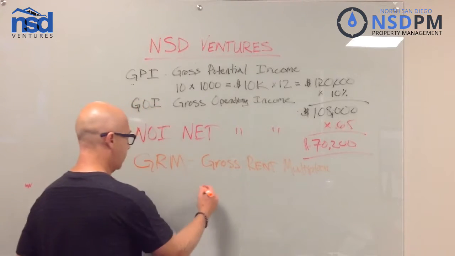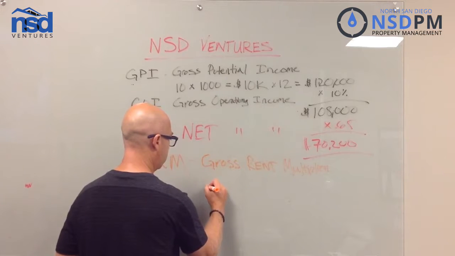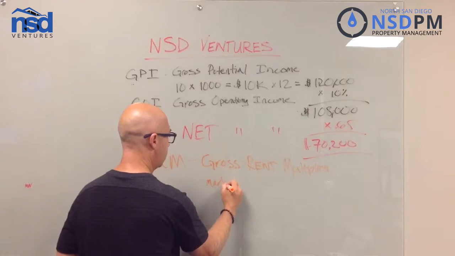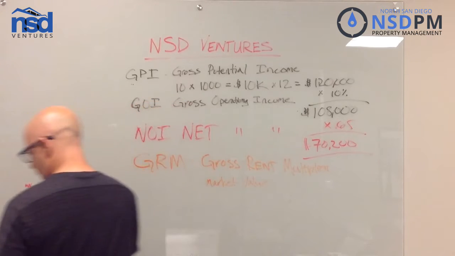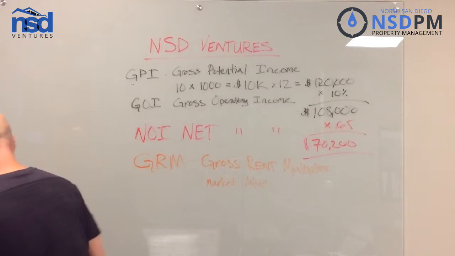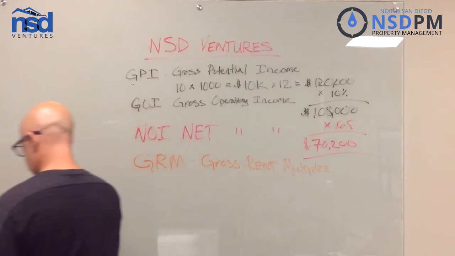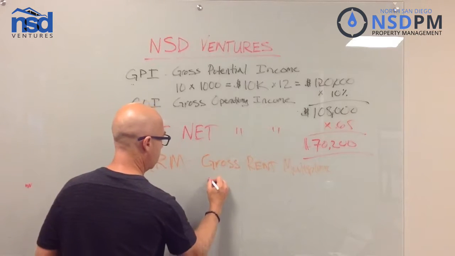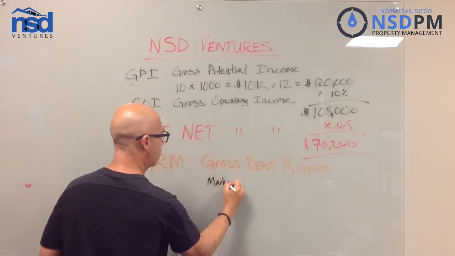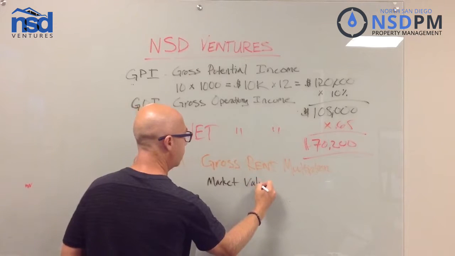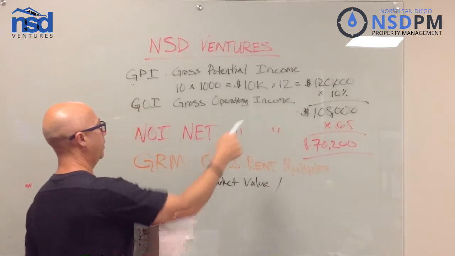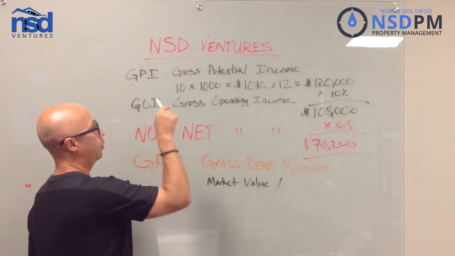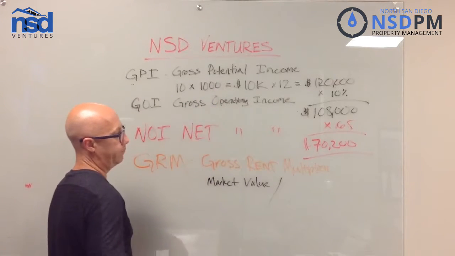So you basically take your market value of a property. Let's go ahead and use the black. The market value. And we're going to divide that by our GPI, right?